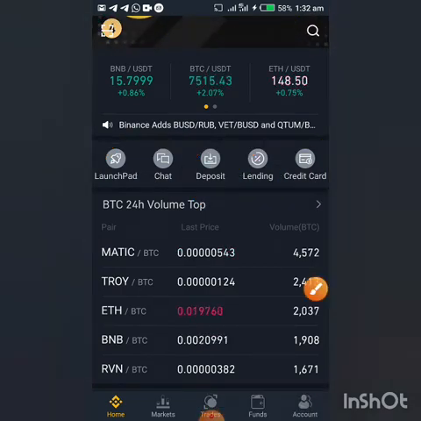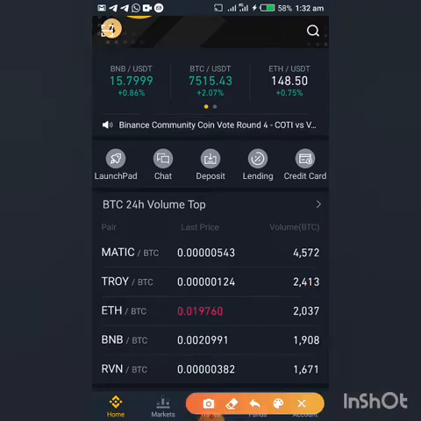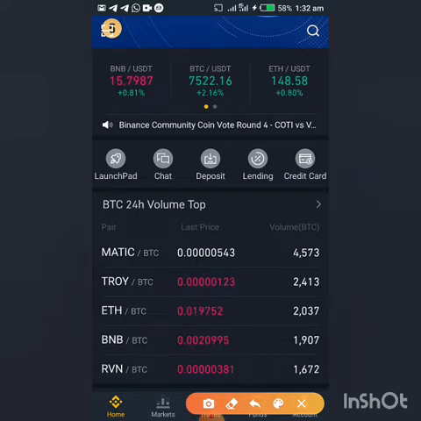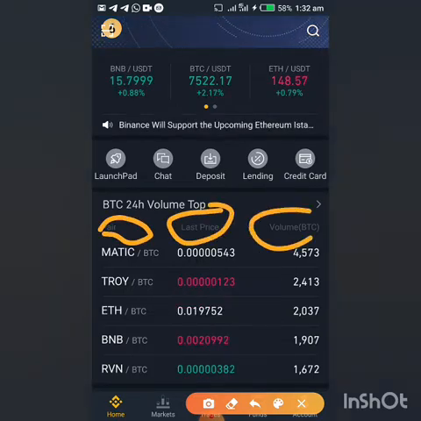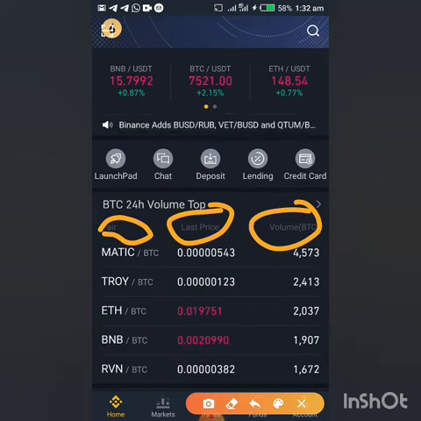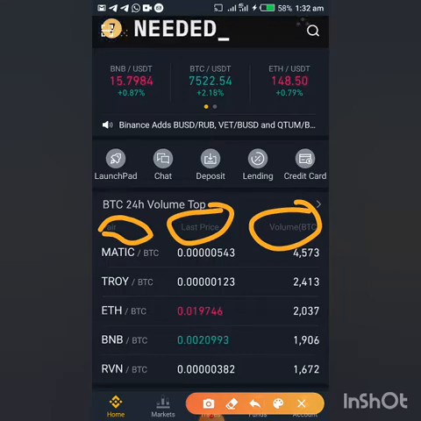The next place here, you can see various things. We have pair, we have last price, we have volume. Each of these coins is represented in such a way that the coin with the highest volume comes up first.